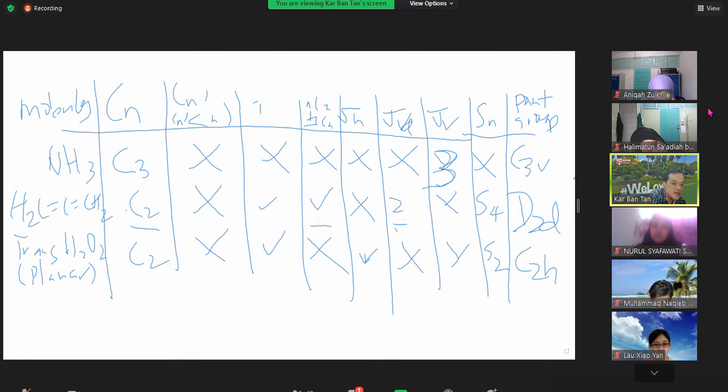Let me get this one, cis. This is planar this way. So now, guys, you see 1, 2, 3, 4 on the same plane, and now two hydrogens, both at the bottom.